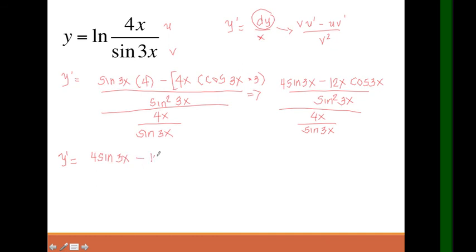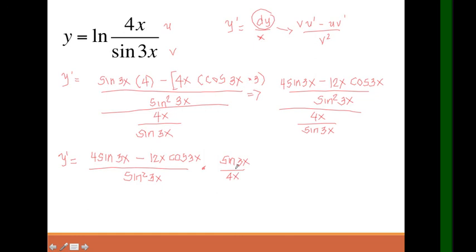Minus 12x cosine 3x over sine squared 3x. Okay, kinapi ko lang ito, na times, kukunin natin yung reciprocal nito, that's sine 3x over 4x. Ayan.